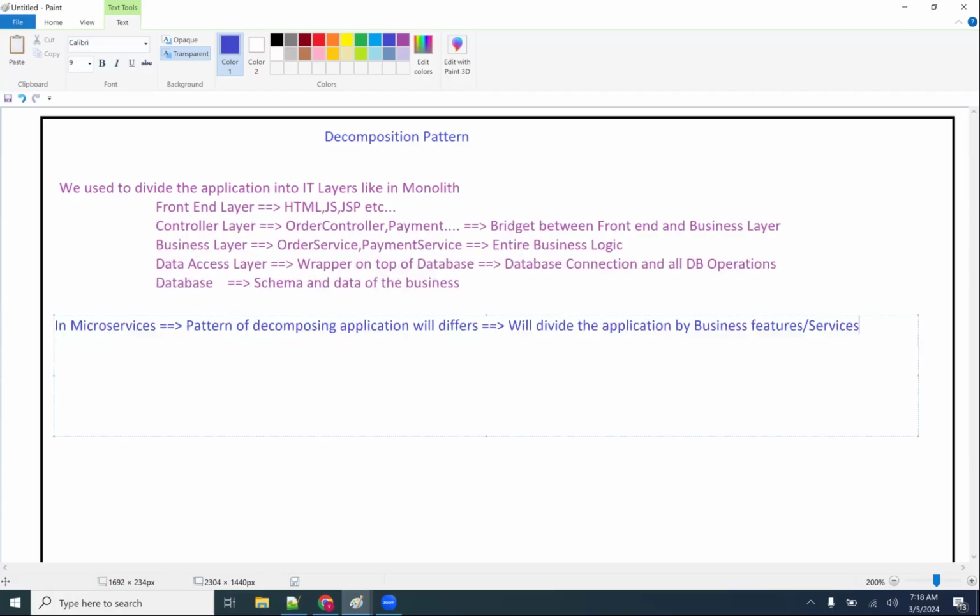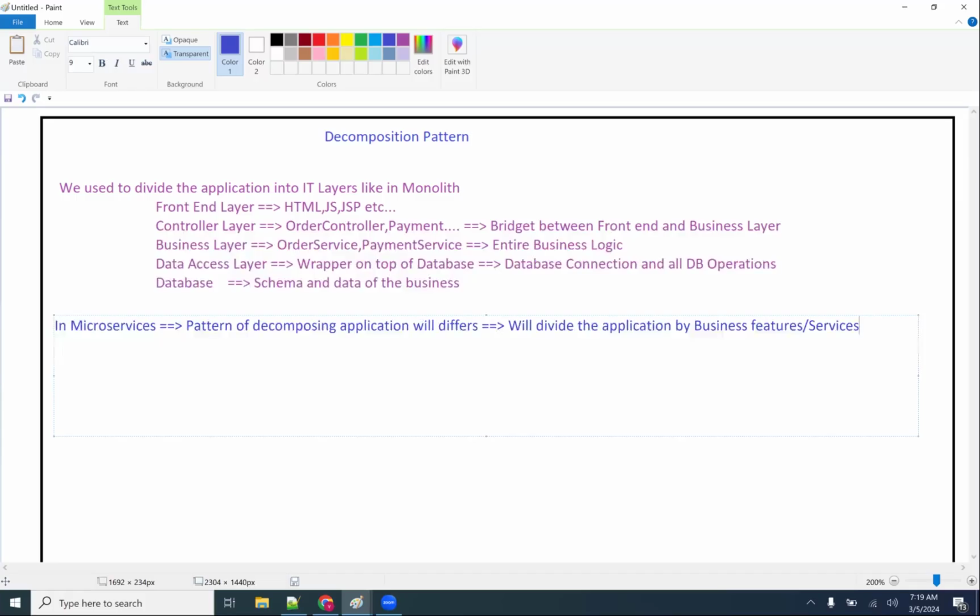So what is the advantage here? If there is a problem in one service, it will not impact the other. That is the point here, right? What is the purpose of this microservice architecture? Avoid single point of failure. Yes or no, guys? To avoid single point of failure, we are going to use microservices architecture.